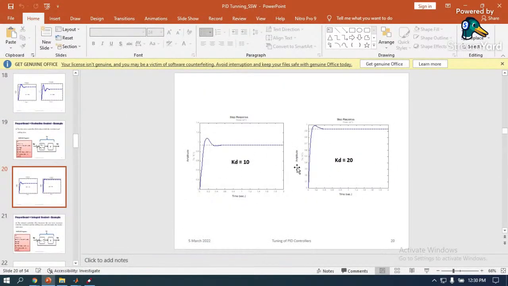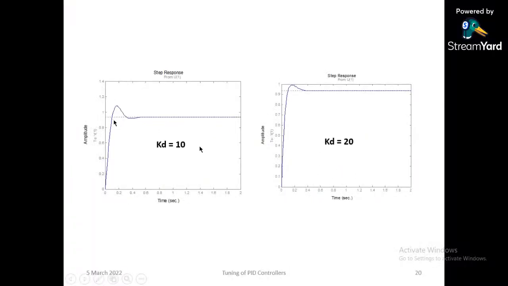For different values of Kd, you can see here, for Kd equal to 10 and for Kd equal to 20.